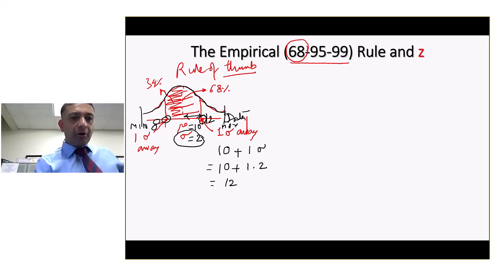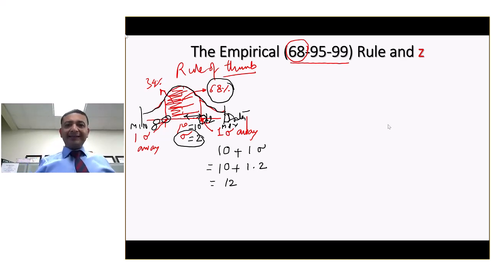If you pinpoint the value 8 on the data set and the value 12 on the data set, and you take all the data points between 8 and 12, you capture 68% of the data. That's basically what this rule is telling you.